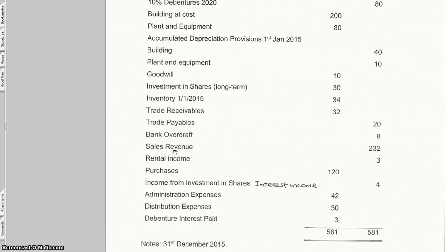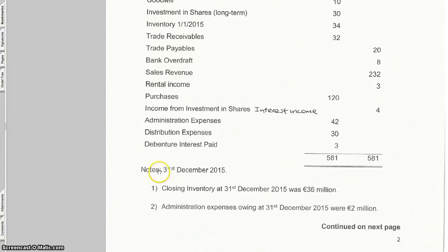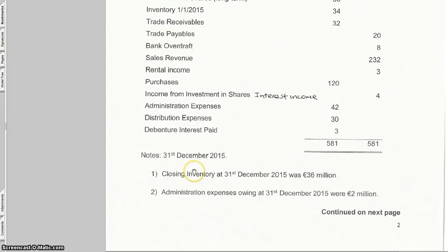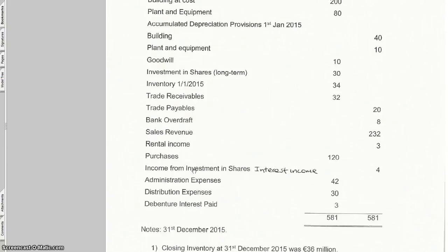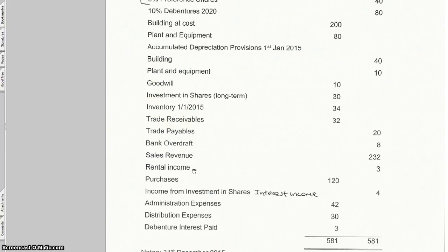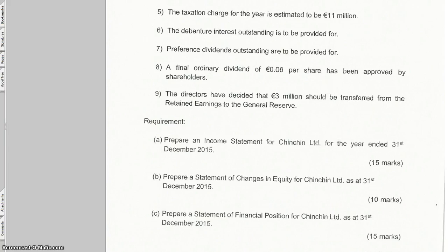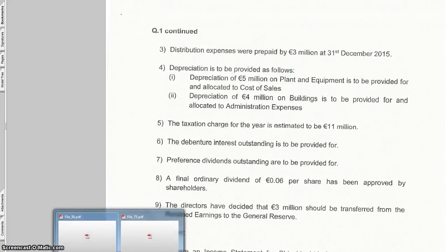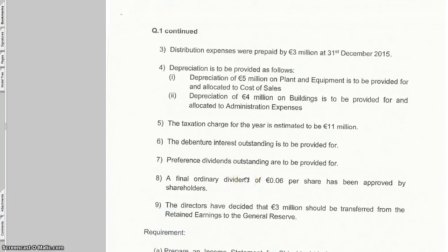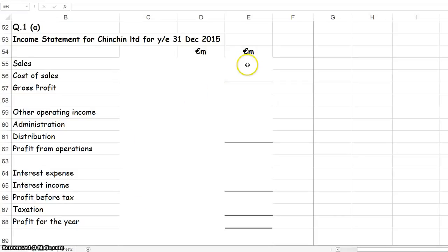We also need to look in the notes in case there were any adjustments, and there's nothing in the notes about workings to sales, so we just input 232 as our sales figure.